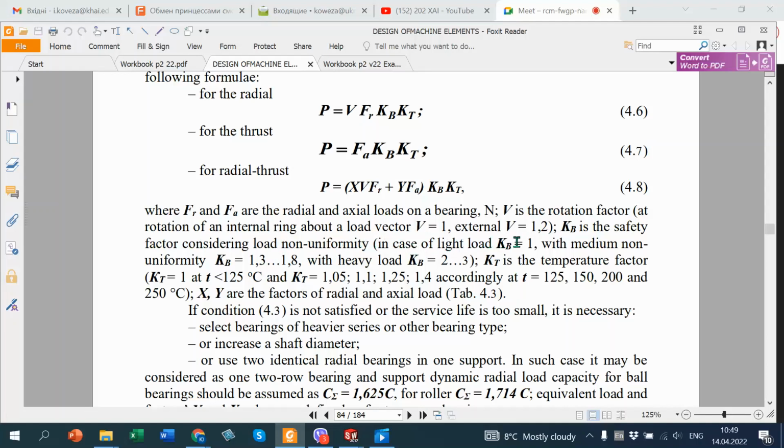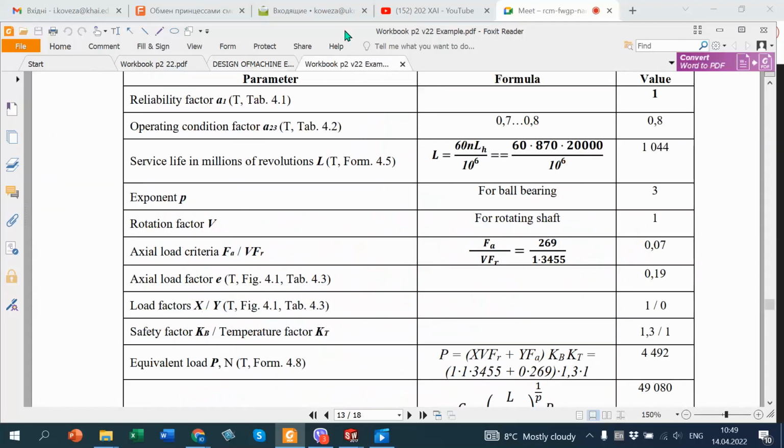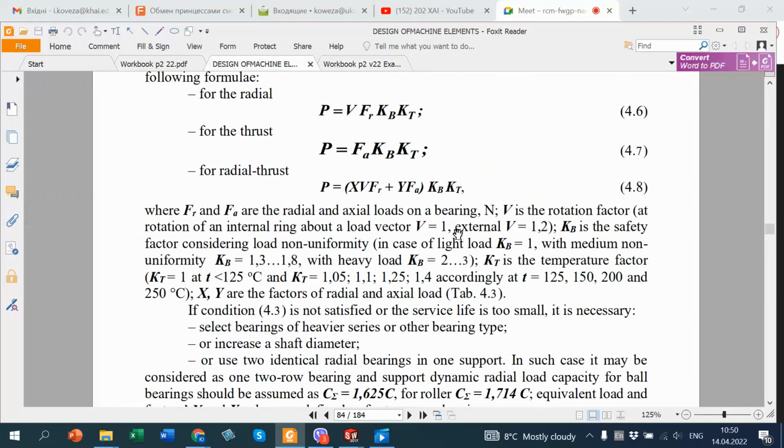For light load 1, for medium 1.3 to 1.8, for heavy load 2 to 3. So I took it 1.3, you can take 1.3 or 1.5, as you would like. KT is a temperature factor.